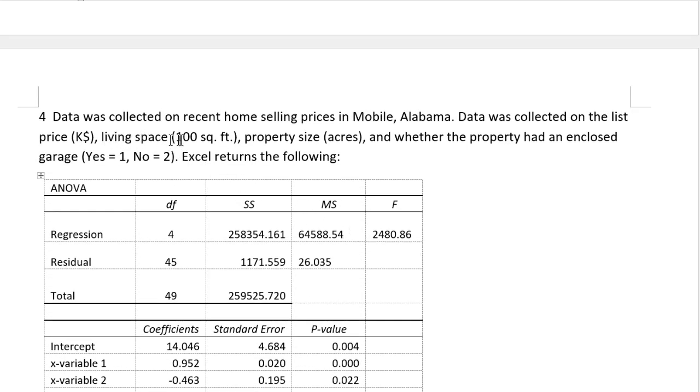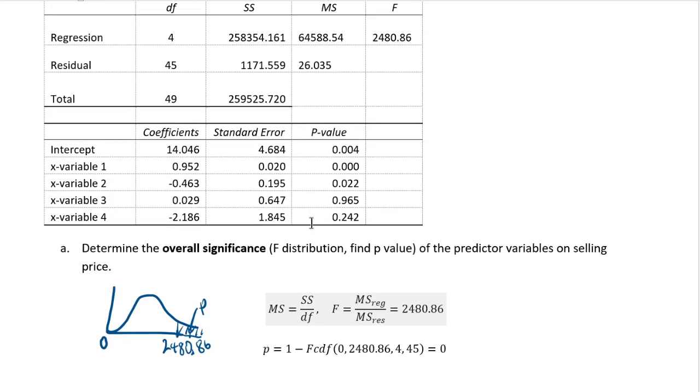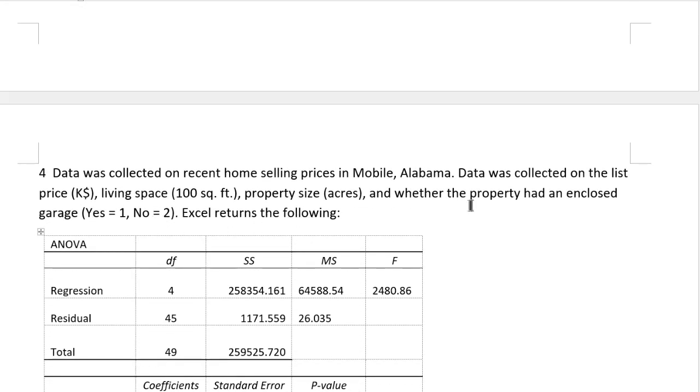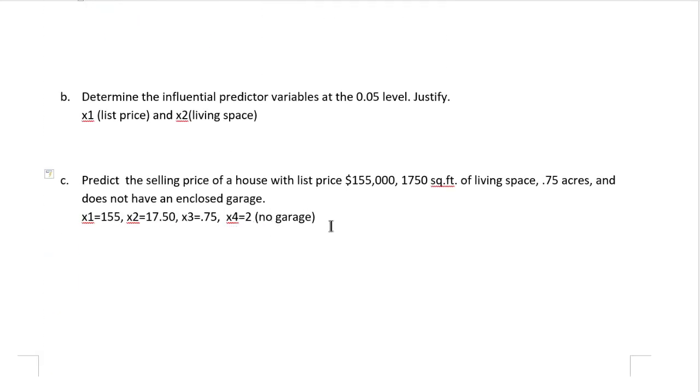So living space is in 100 square feet, so you have to divide this 1750 by 100. So we know that it's 17.5 times 100 square feet. And then X3 equals 0.75 acres. So those are the values that we're going to plug in.